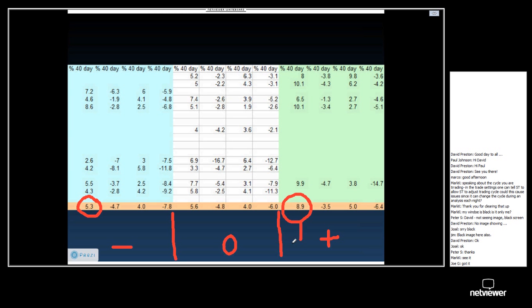Let's have a look at wave 1. Wave 1 gives you a positive price move of about 5%. Okay, not very impressive. Wave 1 under positive underlying trend gives you almost double the price move, which is 8.9%.